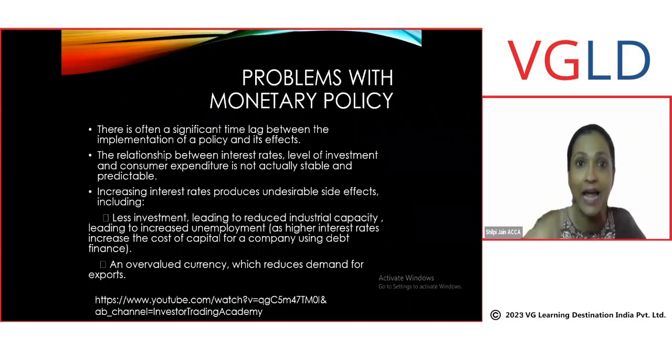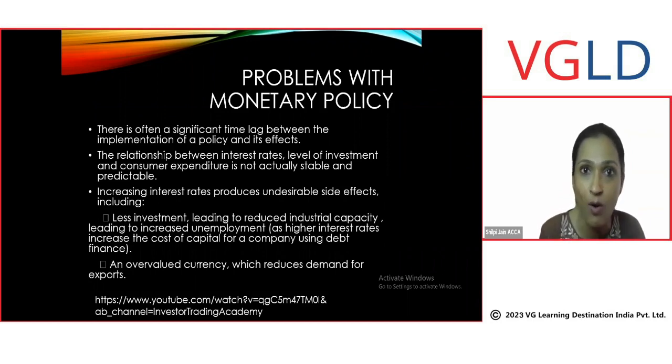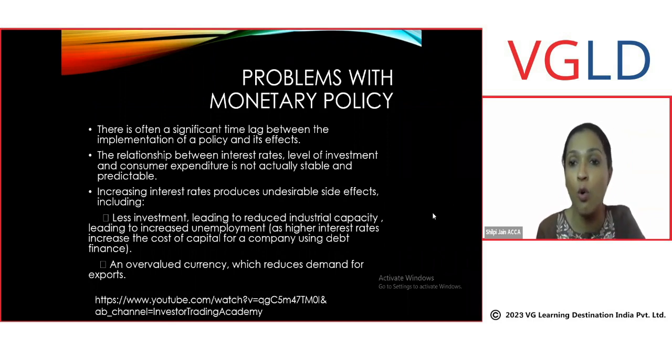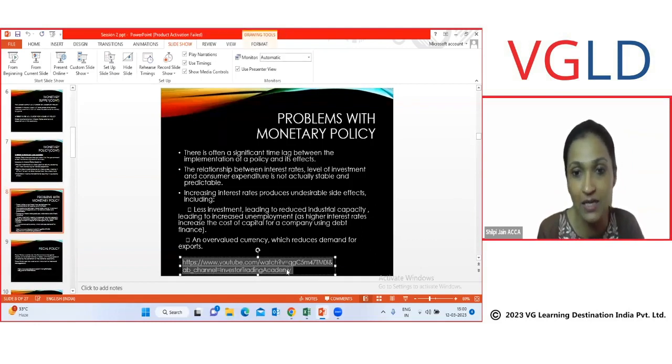That cycle is kind of vicious, right? So that is one of the problems we can identify with monetary policy and the increase in interest rates. Another is an overvalued currency, which reduces demand for exports, because you're putting your own currency at a higher pedestal than the real world would actually call it to be.